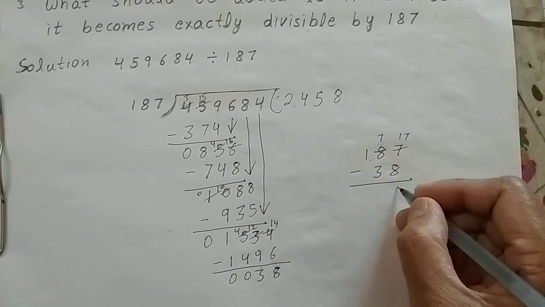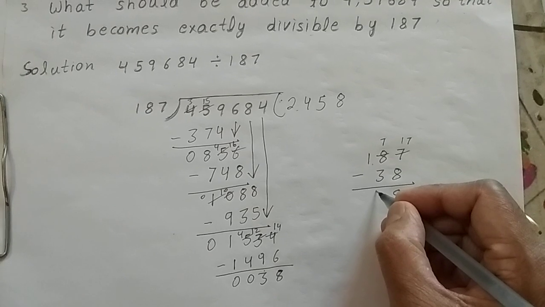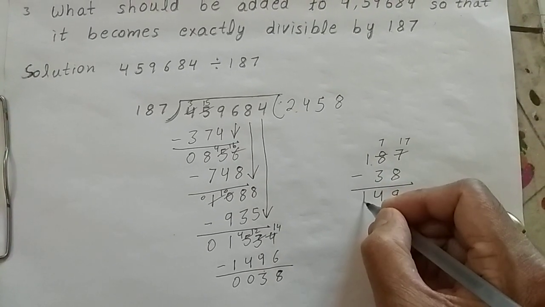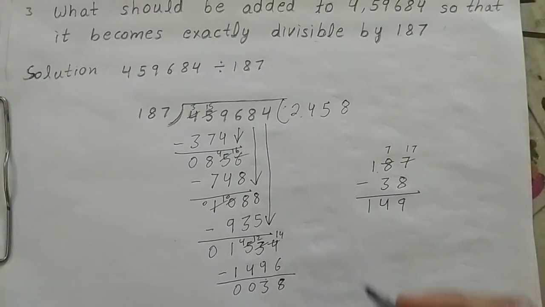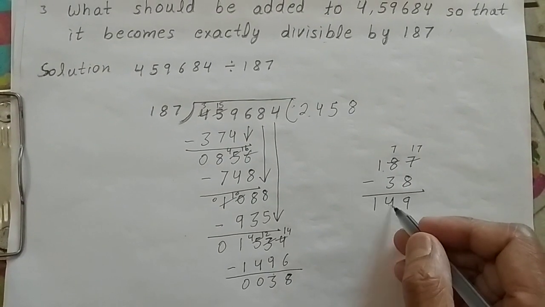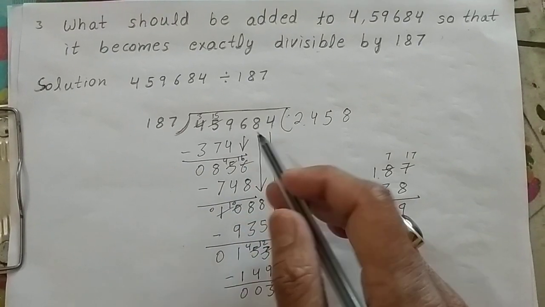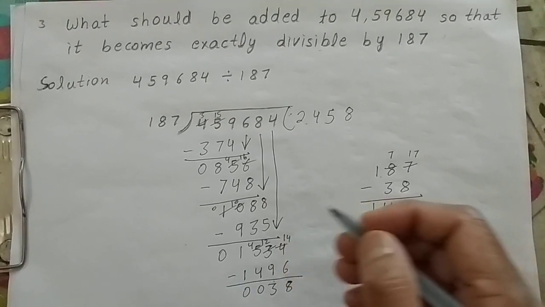So 9. 7 minus 3, 4. This is 1. 149. So what should be added? If we add this 149 to this dividend, this dividend is divisible by 187.